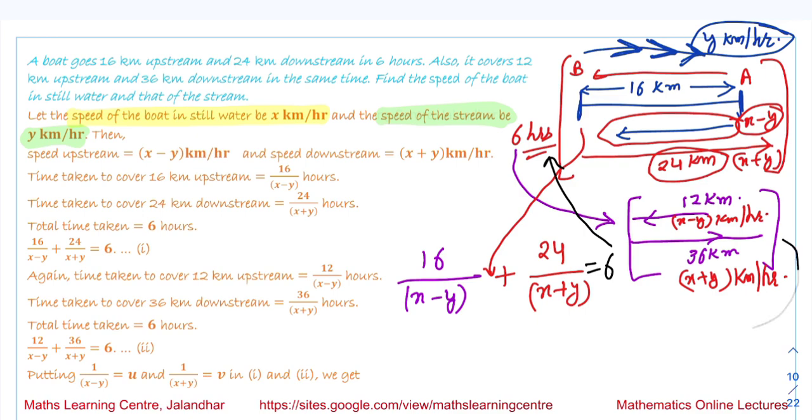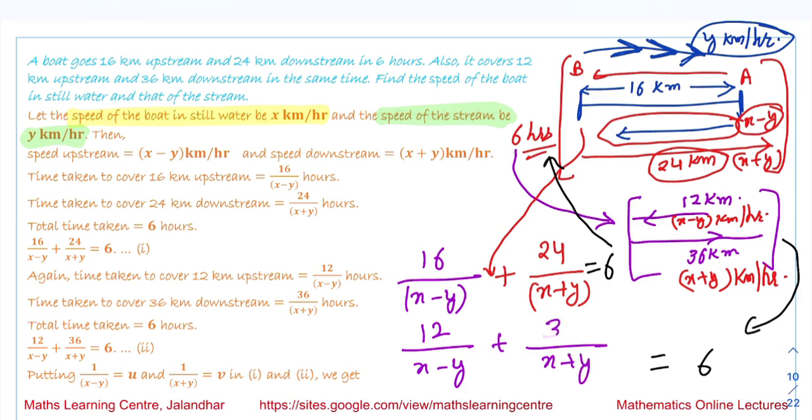Similarly, in the second case, the total time is 6 hours. Now when the boat is moving upstream, the speed is x minus y and the distance is 12. When it is moving downstream, the speed is x plus y and the distance is 36. So we have two equations now.